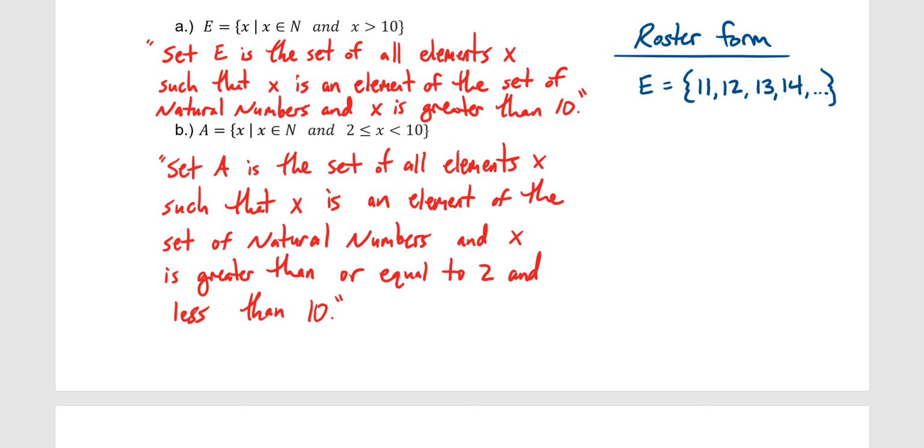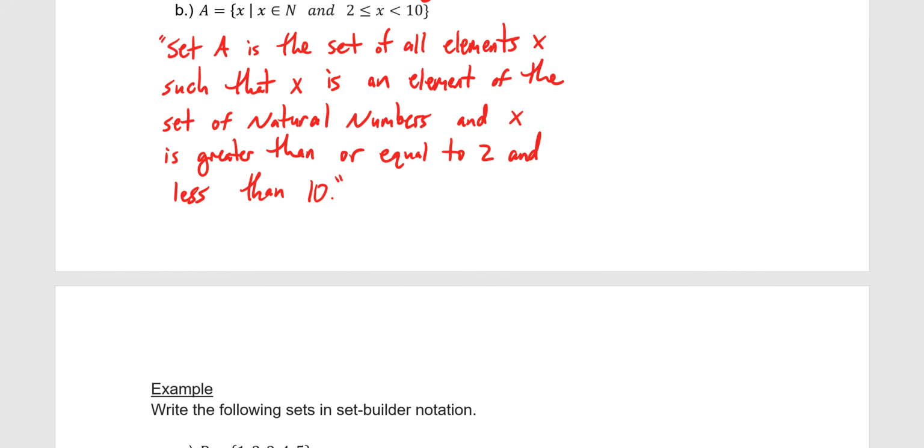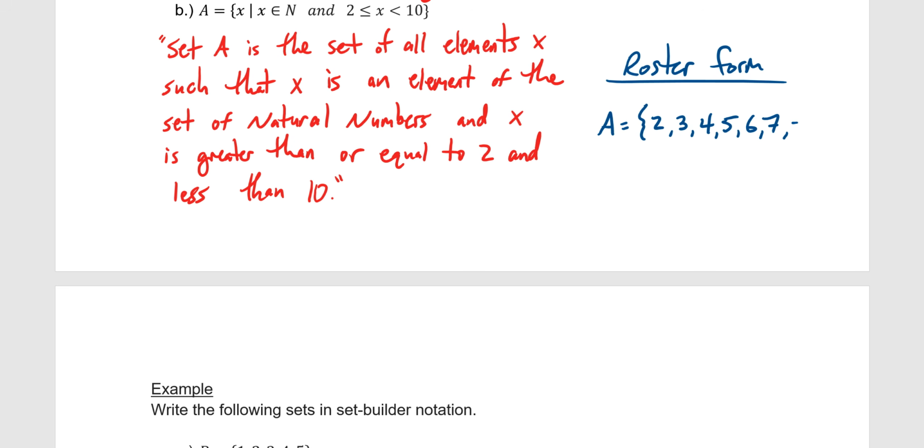I just wrote it out in words so we had it here. So in roster form, we're going to have to list out all of the natural numbers between 2 and 10, including 2 but not including 10. So it's going to be A starting at 2 because we're including it, 3, 4, 5, 6, 7, 8, 9.